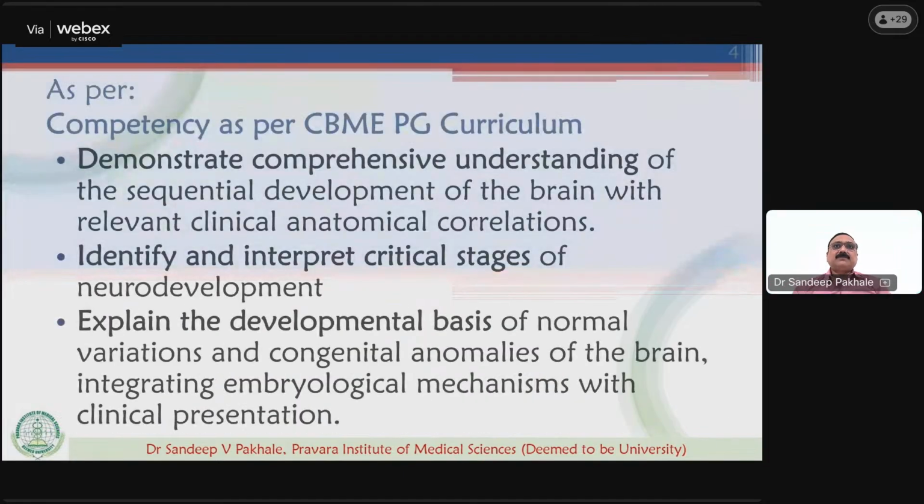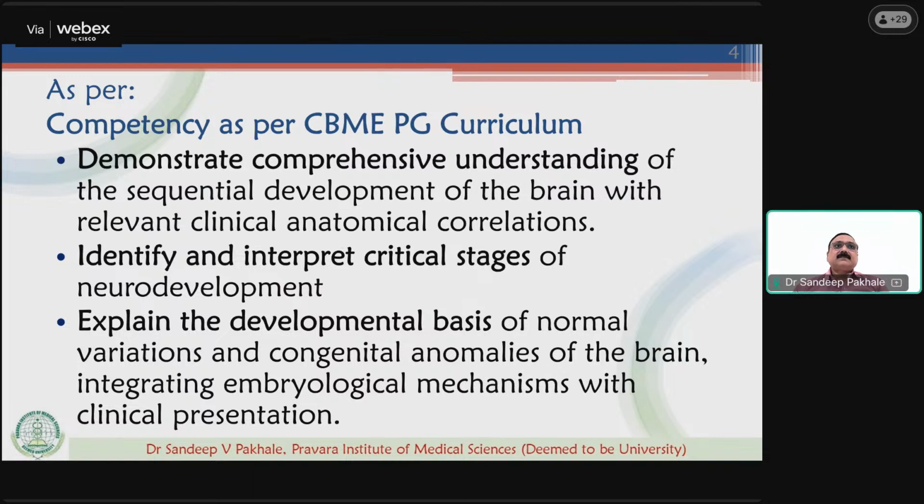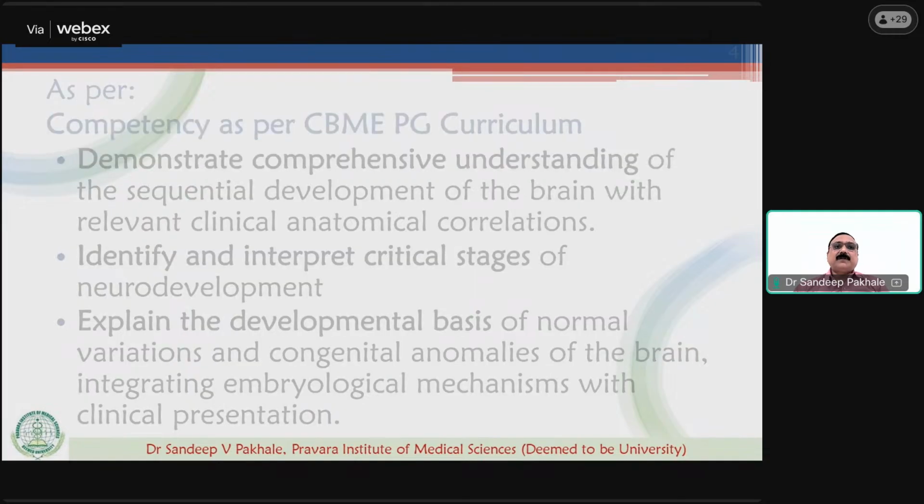It involves cephalization, vesicular differentiation, flexural changes, and differential growth, all of which occur in a tightly regulated temporal sequence. For a postgraduate, the real value lies not just in recalling stages, but in understanding mechanisms. These are the competencies.